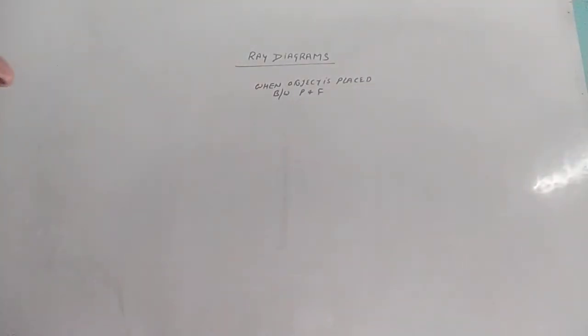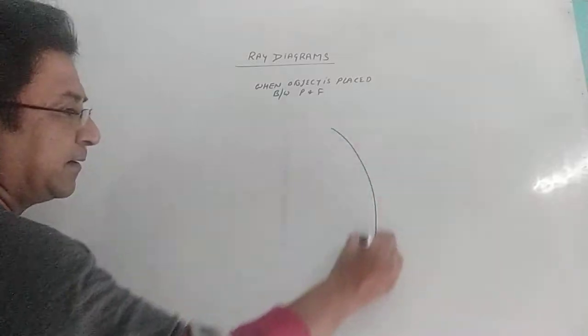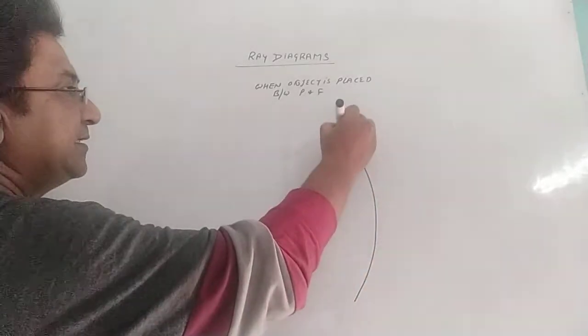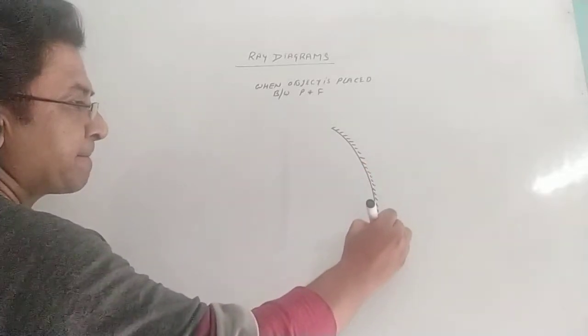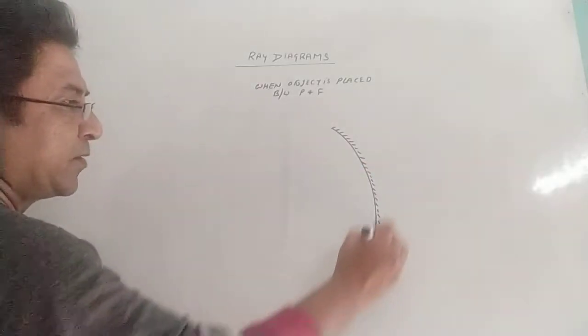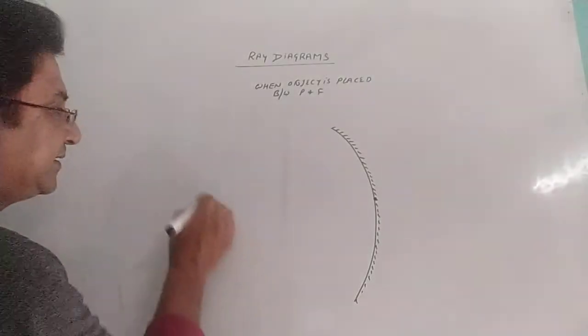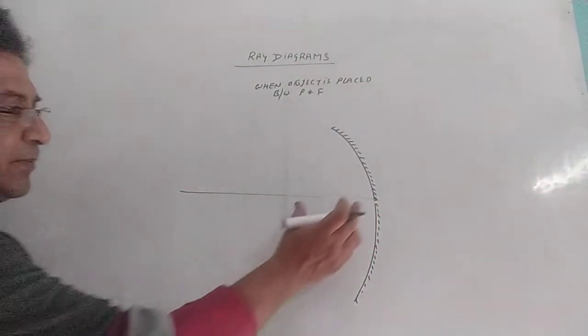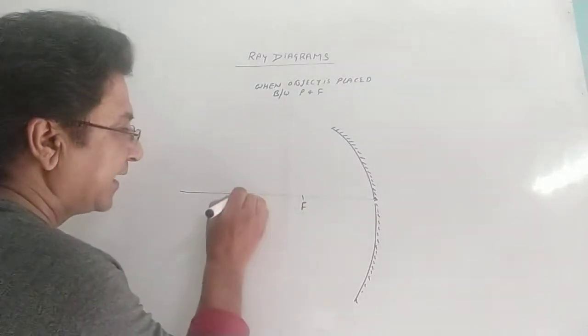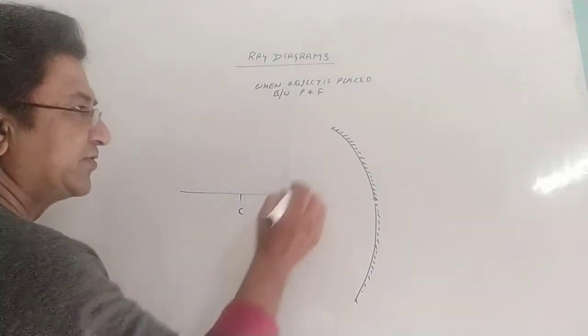The second image: again by measurement with the D, make a concave mirror. Take the center properly and draw the principal axis. By measurement, take the focus and then the center of curvature.